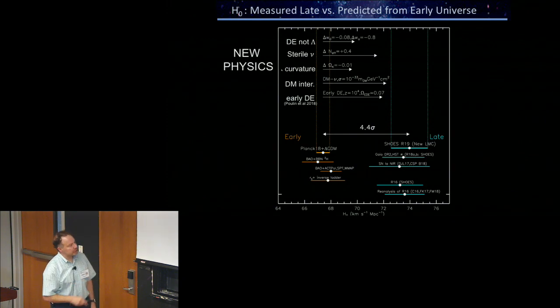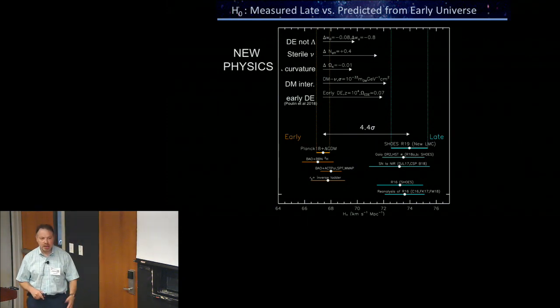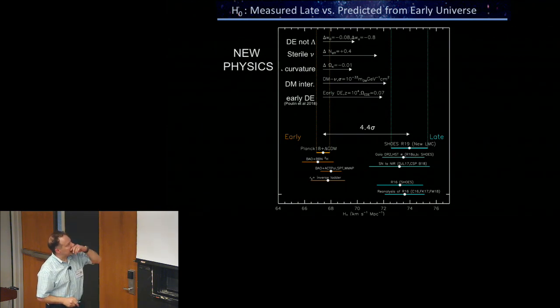And effective, you could increase that again at 2 sigma by about 0.4, maybe get you some of the way there. I don't know. Maybe better than dark energy, but not so effective. Curvature, and this is what you're asking about. So, 0.01 probably really pushes it, and already that's not nearly enough. More interesting, I've seen some papers on dark matter interactions people may talk about in the early universe. Both of these operate in early dark energy.